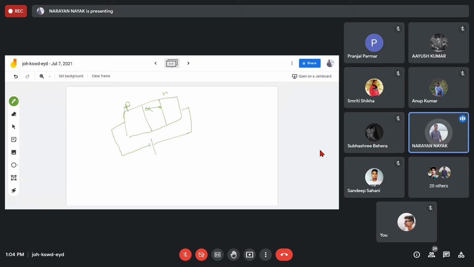Just see here. Suppose the minority carrier is a hole. It will collide with the stationary atom. Similarly here, let us say an electron collides with the stationary atoms.